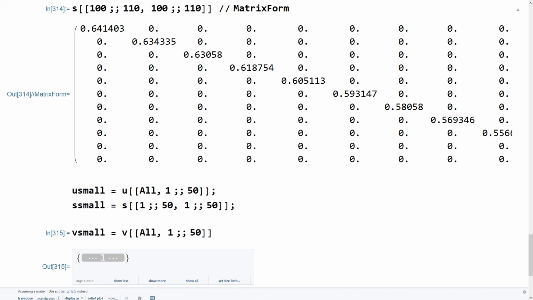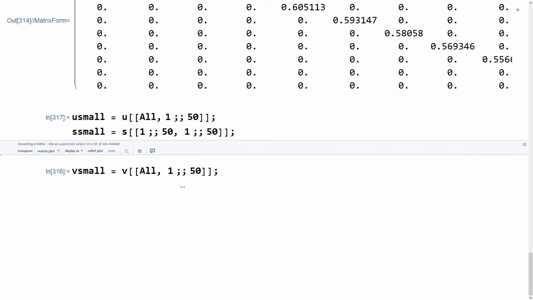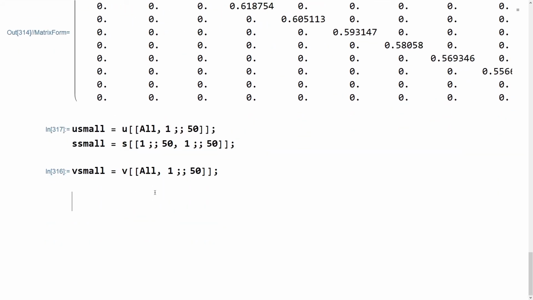Now we've thrown a lot of information away by doing this. So let's see what this looks like in comparison with the original picture. I've just thrown away 150 singular values. I threw away 150 columns from one matrix and 150 columns from another matrix, and a whole bunch of that square matrix S is just gone because I only took the block in the upper left-hand corner.